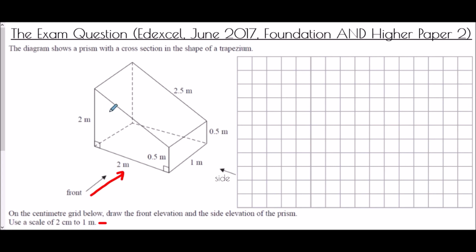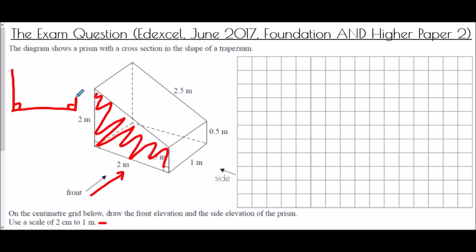And so the first thing I want to just do is have a think, what would we actually see from the front? Well, the front is this view here. And if we just do a quick sketch of what that would look like, we have a straight, flat bottom, with right angles either side, and then it goes up a little bit, and then it has a straight side here.